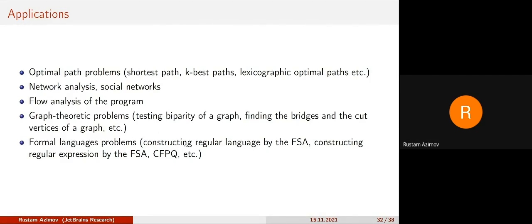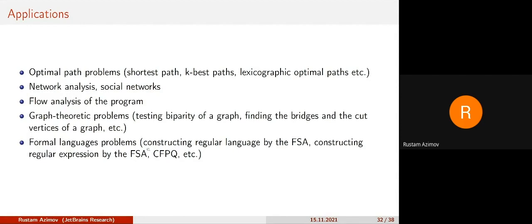And also many problems which use formal languages. We see the problem of constructing a regular language from a given finite state automaton. Also, we can avoid the infinity of this language by constructing a regular expression from the given automaton.